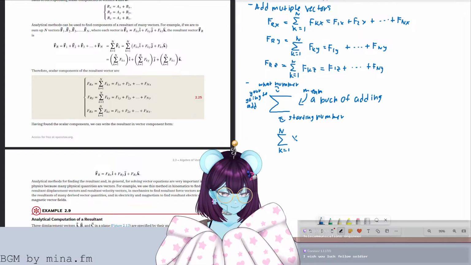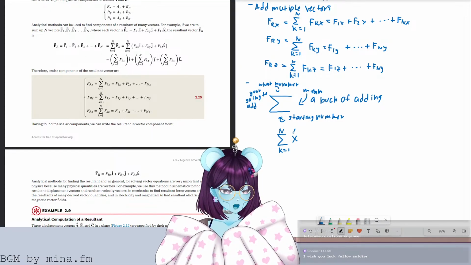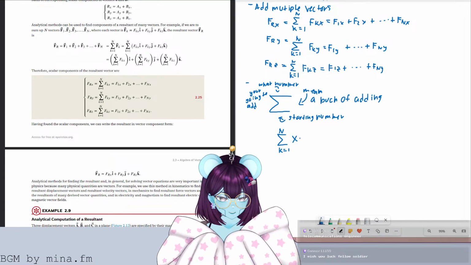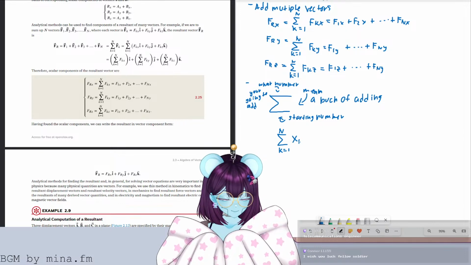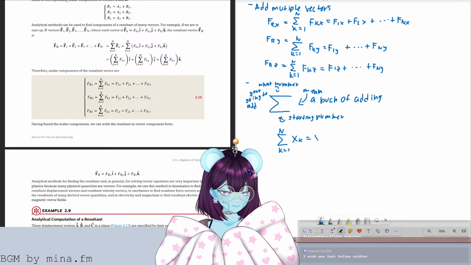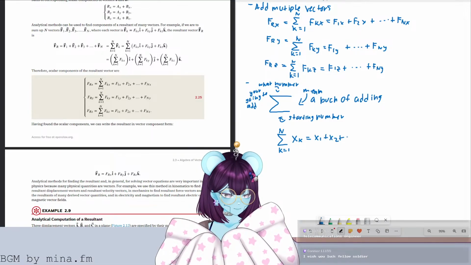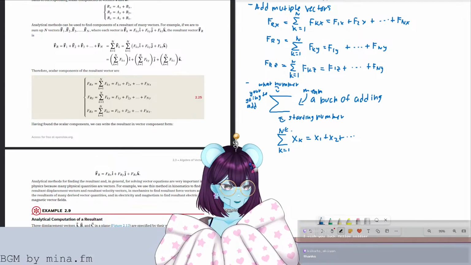So I'll call this x. This is some value, and then you have x1 or k. For this, you will keep adding. So you have x1 plus x2 and all the way till you hit that number n.